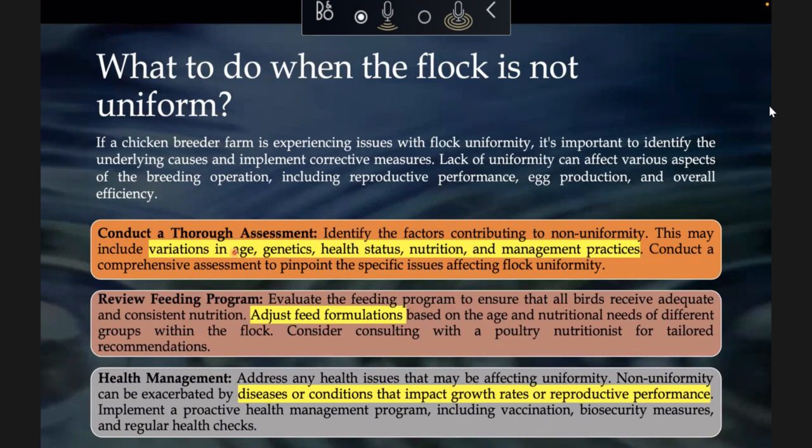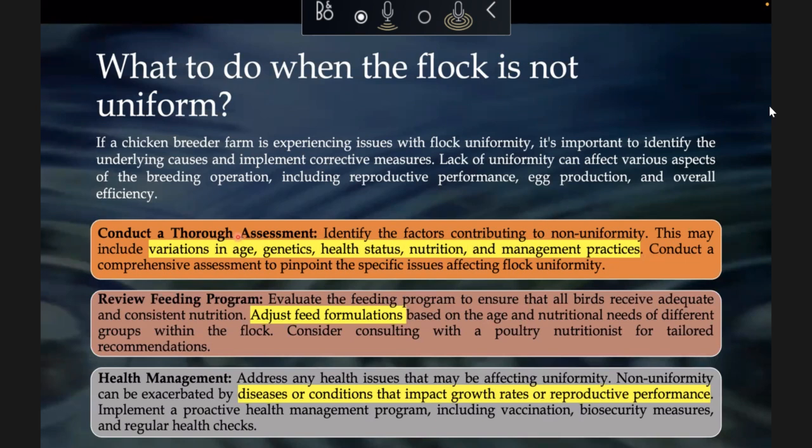And of course we know about these two things, that we always need to consider that in one shed, and if possible in all the nearby sheds which are adjacent to each other, the age group of birds should be similar. And they should come inside together, and they should be culled together, culled or marketed, whatever you say.